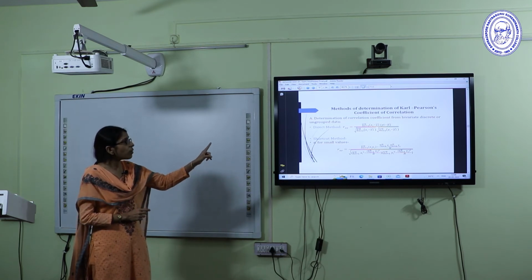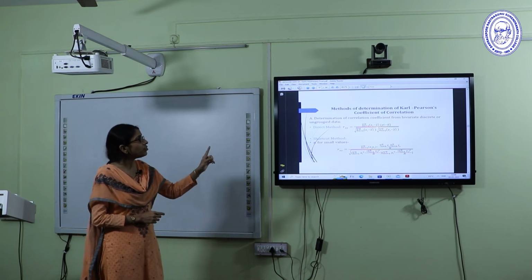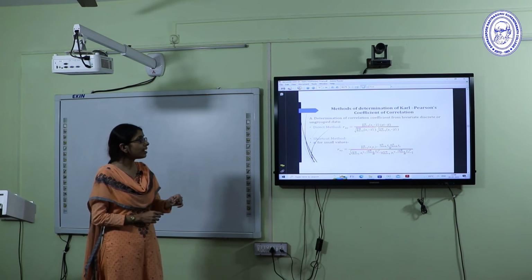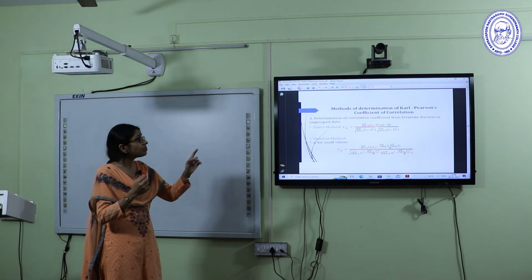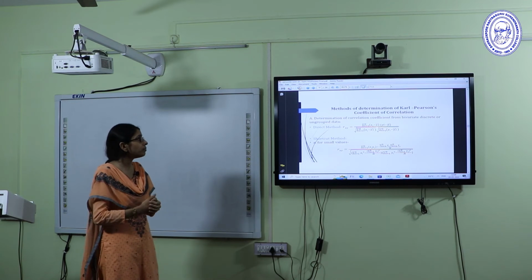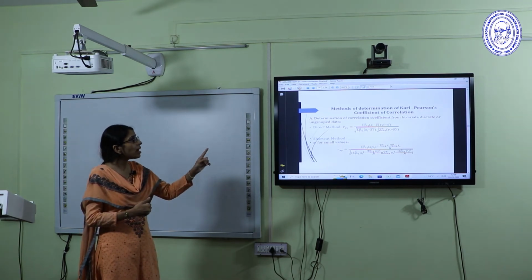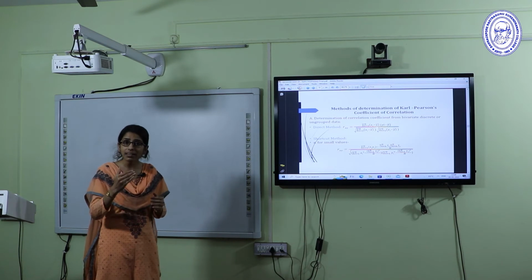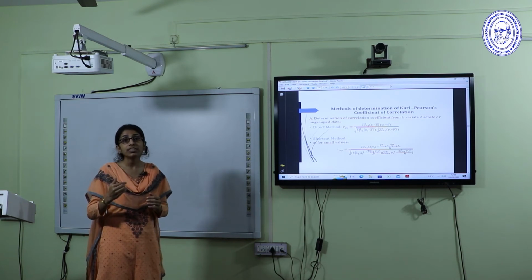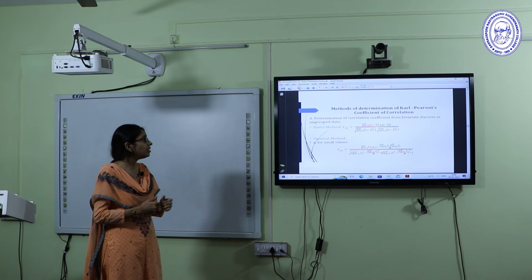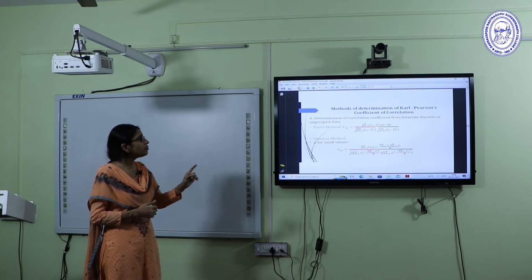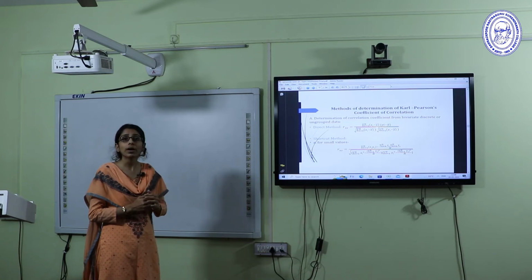That is, Rxy, the coefficient of correlation regarding x and y, equals the summation of (xi minus x bar) into (yi minus y bar), where xi means the individual values of the independent variable and x bar the mean of that variable, and yi the individual values of the dependent variable and y bar the mean of that variable, divided by the square root of the summation of (xi minus x bar) square into the summation of (yi minus y bar) square.